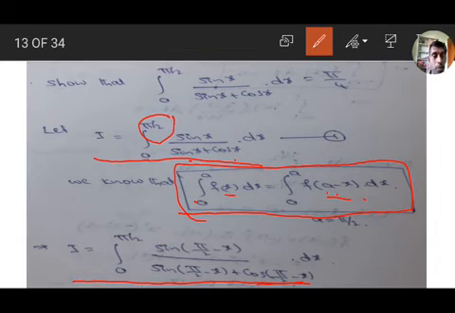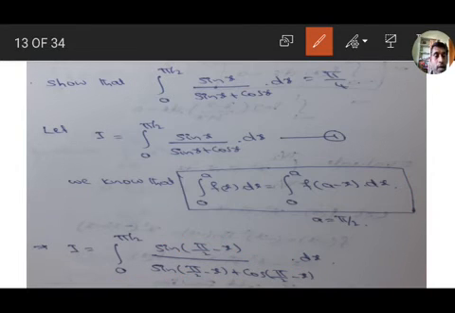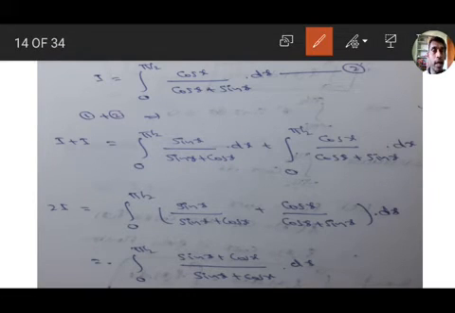Sin of 90 minus x is cos x, and cos of 90 minus x is sin x. So we get I equals integration 0 to pi by 2 cos x by cos x plus sin x dx.